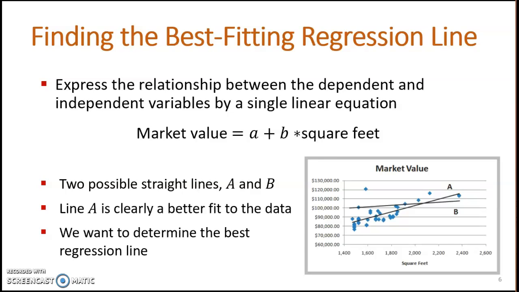If we draw a straight line through the data, some of the points will fall above the line and some will fall below it, and perhaps a few will be on the line itself.